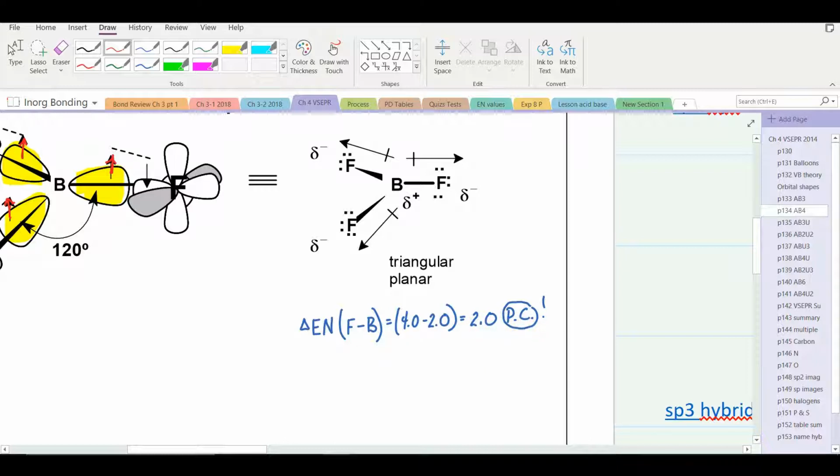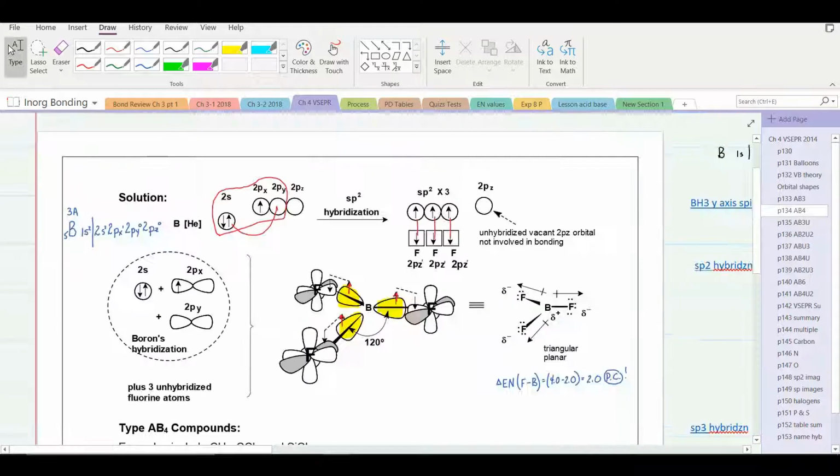Boron is a metalloid, so it can't form an ionic compound with any element, but this is very polar, so there'll be pretty significant dipoles facing in the direction of the fluorines, but if you combine these vectors, they'll cancel, and so as a whole, BF3 would be a non-polar molecule. So that's a valence bond explanation of how bonding occurs to form the compound BF3.